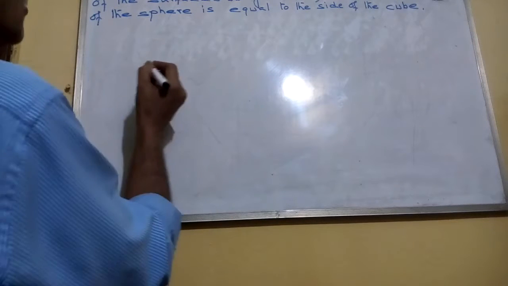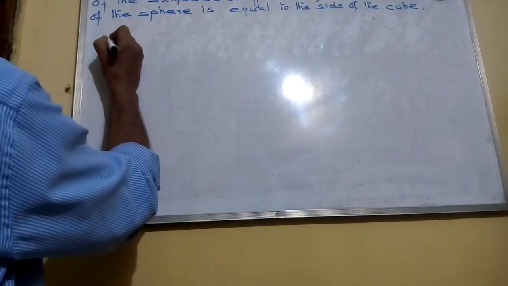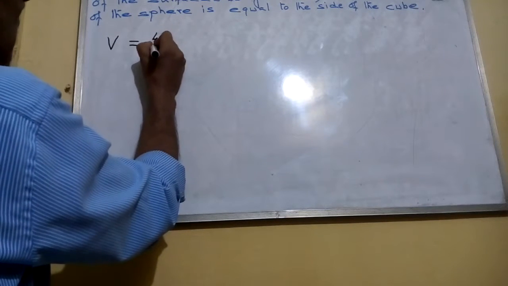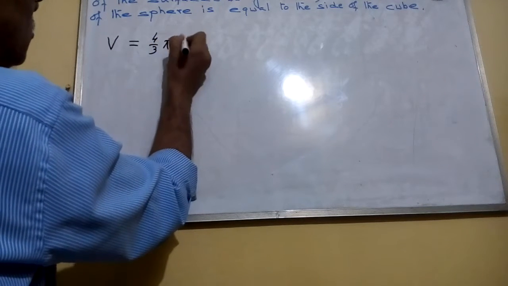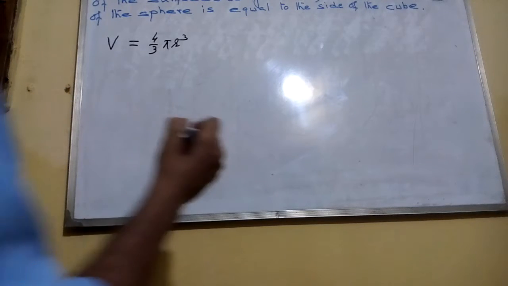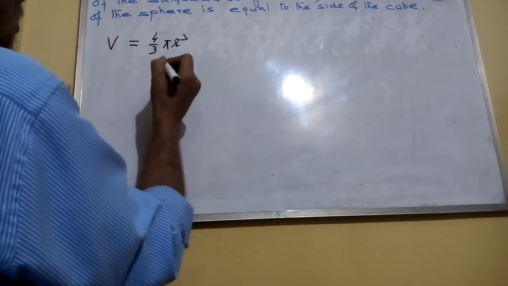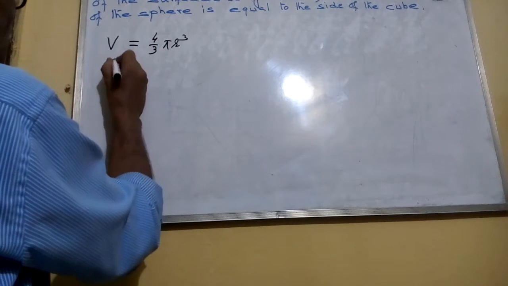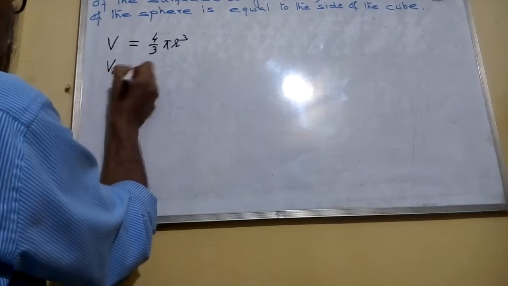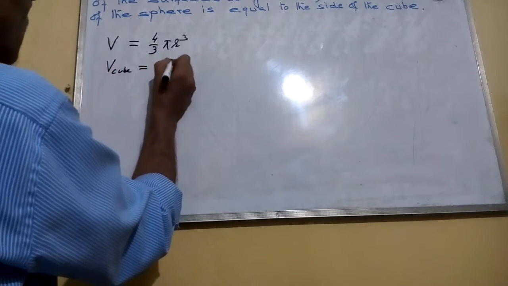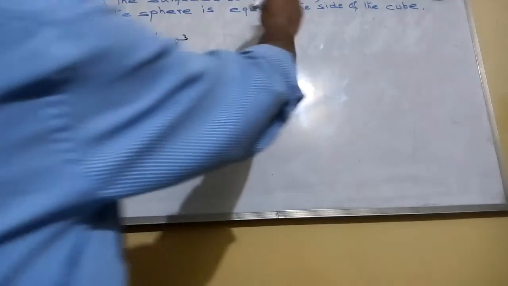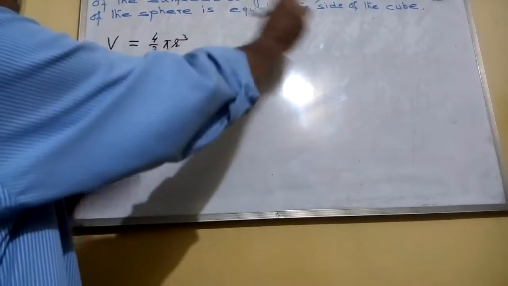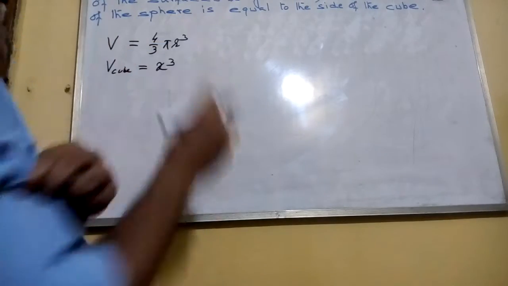Let us assume that the volume of the sphere equals 4/3 πr³, and the volume of the cube equals x³. It is given that the sum of the volumes of a sphere and a cube is given.